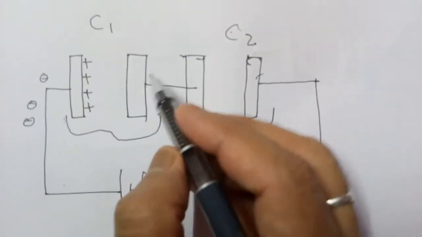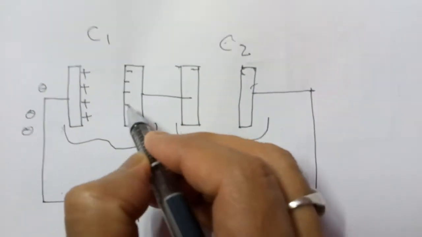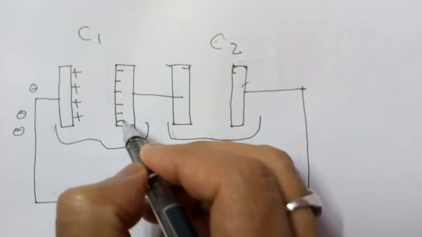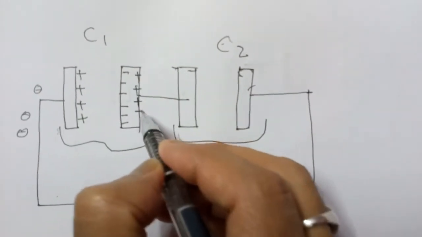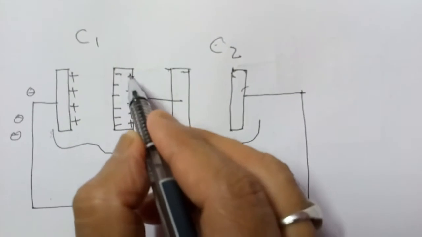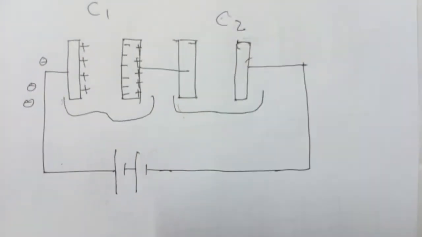Now due to induction, this end, which is second plate of first capacitor, becomes negative and this becomes positive. This positive charge will flow to the first plate of second capacitor like this.